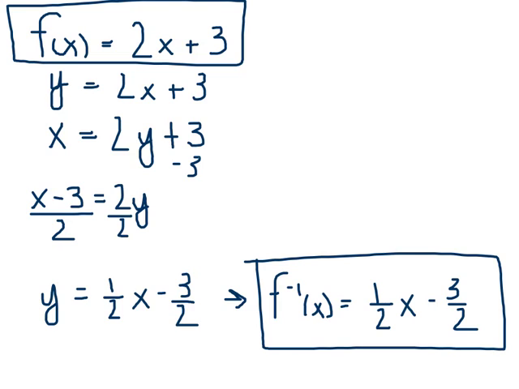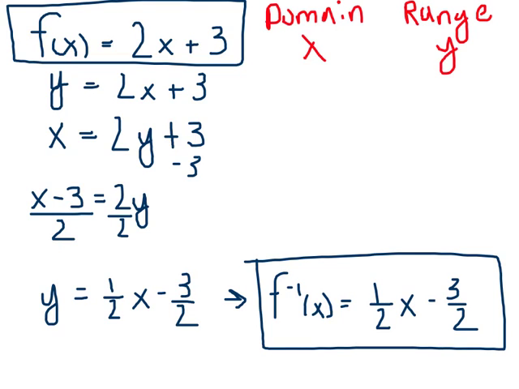Alright, some cool things about this is that if this is the domain here, the domain are the values of x, and the range for this one are the values for y.